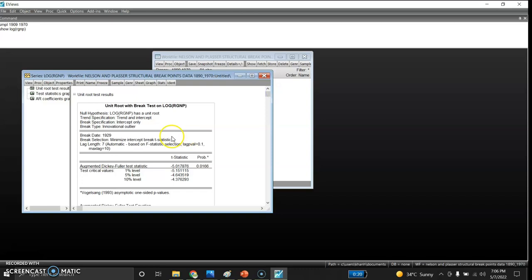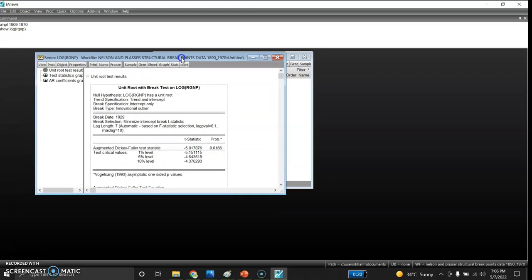Here are my results. So you previously saw that the log of real GNP had a unit root at the level, but now since there is a breakpoint in the data, there was a Great Depression in 1929.